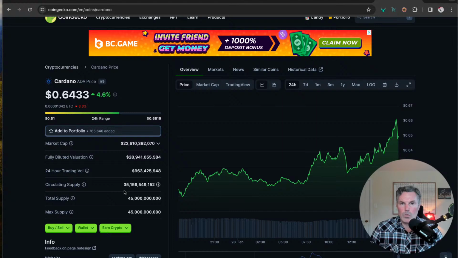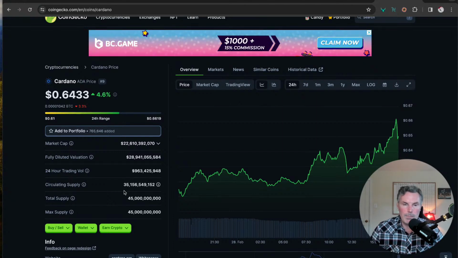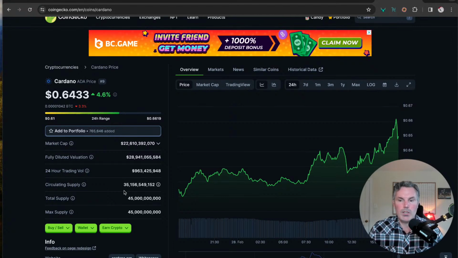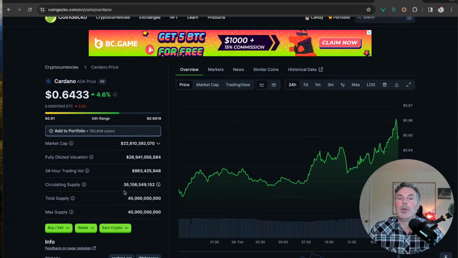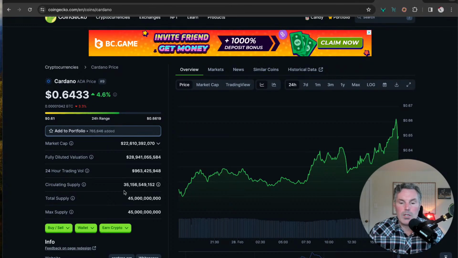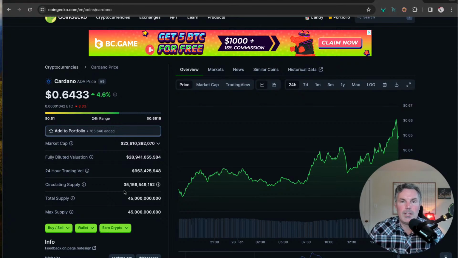And so what I want to share with you is a TVL ratio number that we can calculate. The TVL ratio is market capitalization divided by the TVL number. The smaller the ratio number is, the more undervalued the project is as an investment.